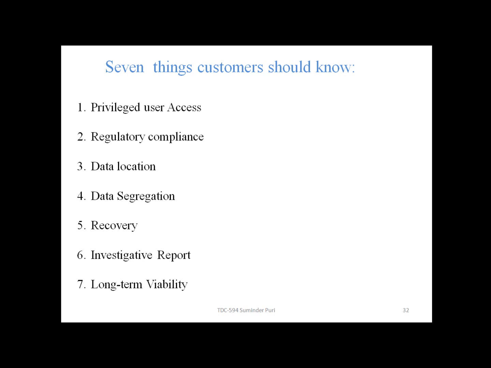Data segregation. Data in the cloud is typically in a shared environment alongside data from other customers, as we discussed in virtualization. On one computer, there may be multiple customers using different services. So encryption is effective, but it isn't a cure-all.